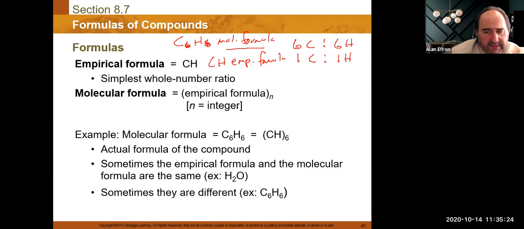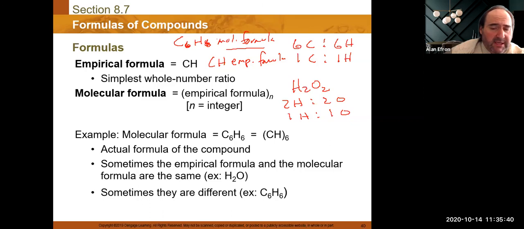If you had something like H2O2, which is hydrogen peroxide, that is 2 hydrogens for every 2 oxygens. You could reduce that down to 1 hydrogen for every 1 oxygen, and the empirical formula would be HO, as this would be our molecular formula.